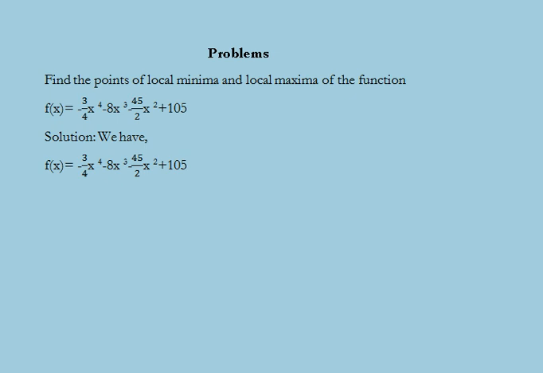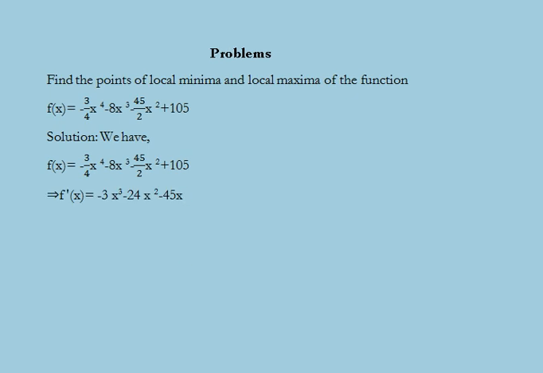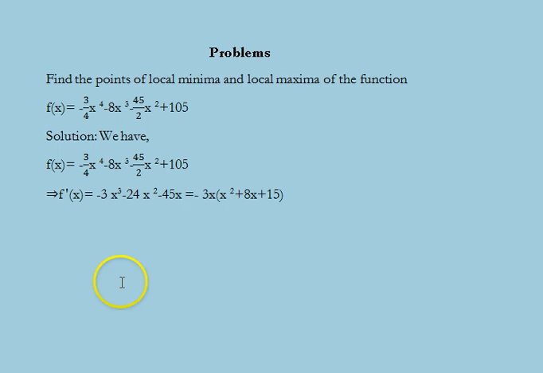This implies the derivative of this function, f'(x), is equal to -3x cube minus 24x squared minus 45x, which can be rewritten as -3x(x squared + 8x + 15).